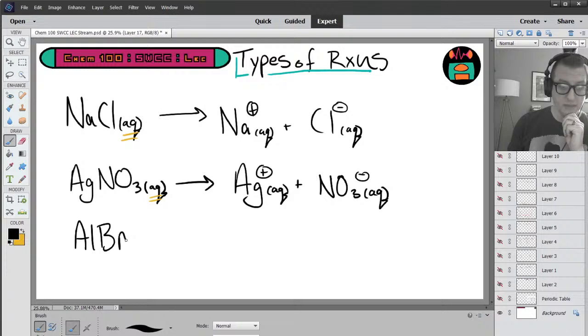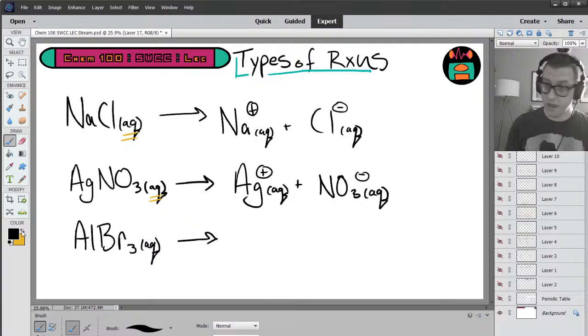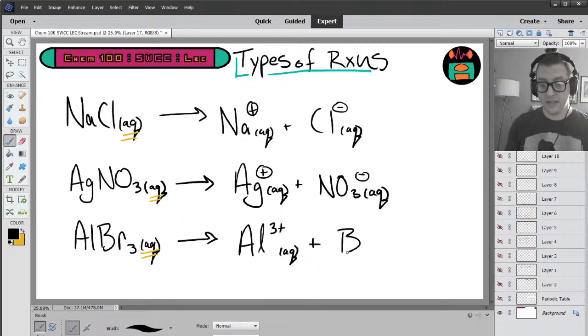aluminum bromide, for example. Again, it's an ionic compound in the aqueous phase. That means that they're not associated together. So you have free-floating aqueous aluminum cation together with aqueous bromide anions.